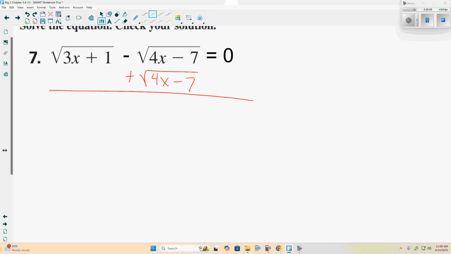Yeah, because I'm adding to a negative. Really, we're taking the square root of 4x minus 7 and subtracting from it itself, yes? Anything minus itself is 0. So those are gone.